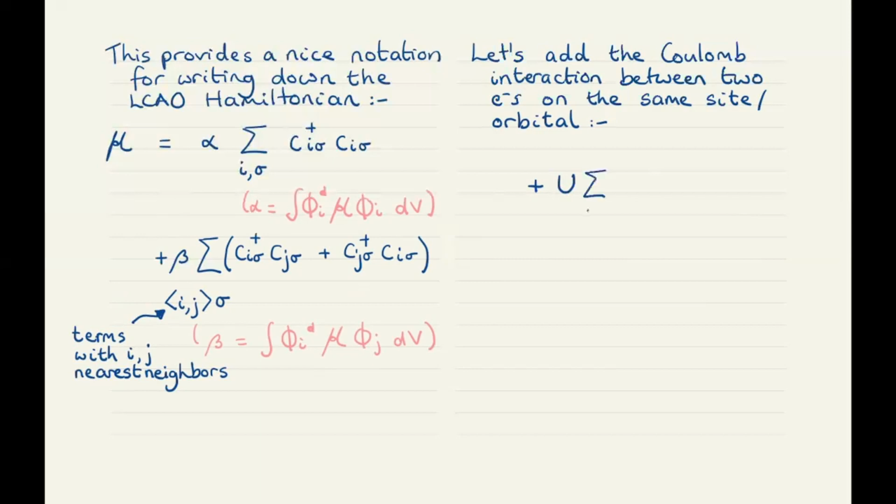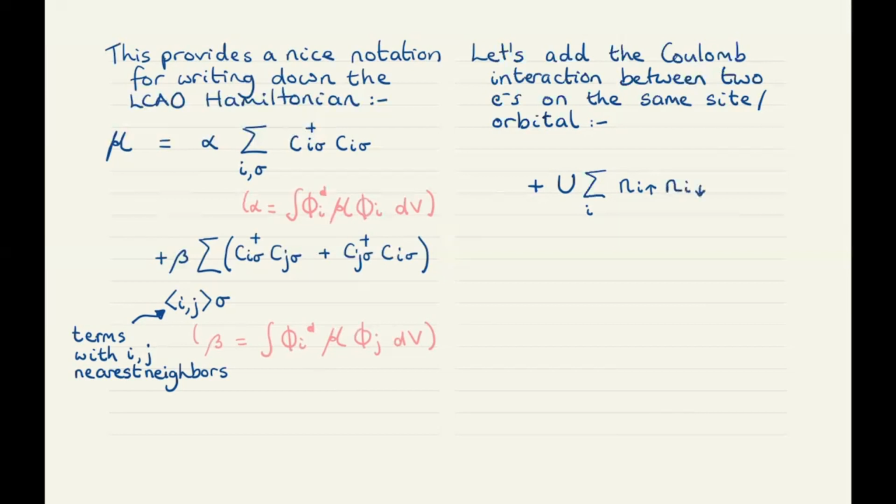We have to sum over all the sites, and the number of electrons on site I is just given by the number operator. The number of electrons with spin up is n sub I up-spin. And of course, the other electron on site I that can have a Coulomb interaction with the up-spin electron has to be the down-spin electron.